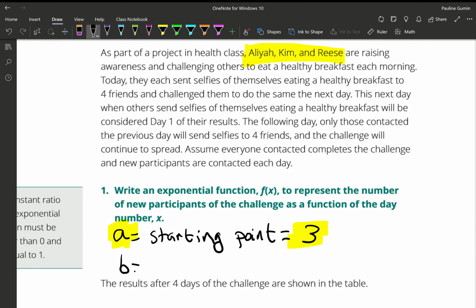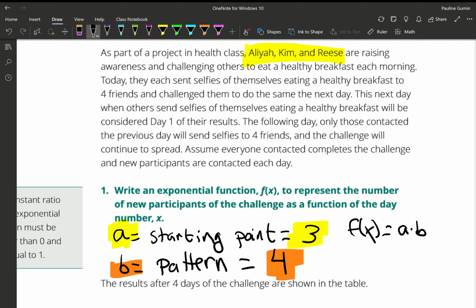B is still our constant ratio, our pattern in this case. And that's 4. We send it to 4 people each time. So if our function is f of x equals a times b to the power of x, it's 3 times 4 to the power of x.